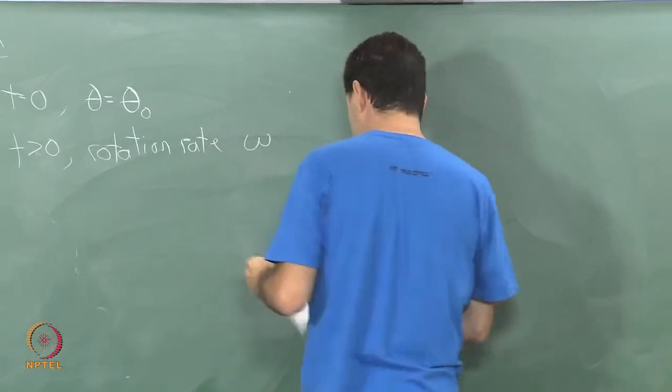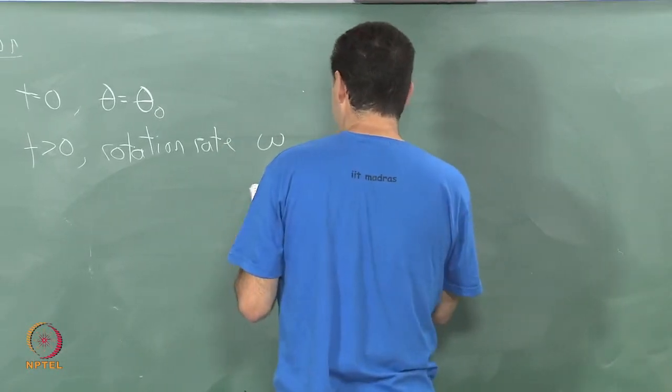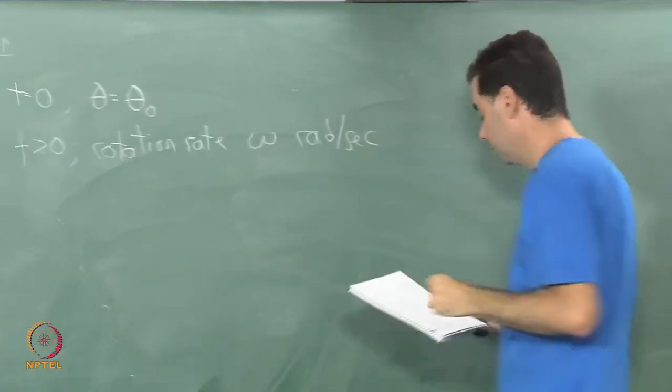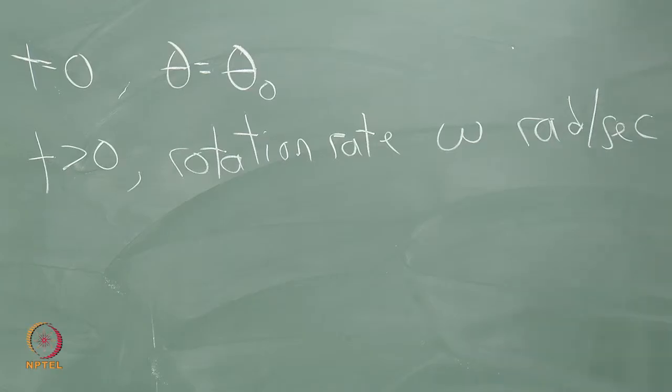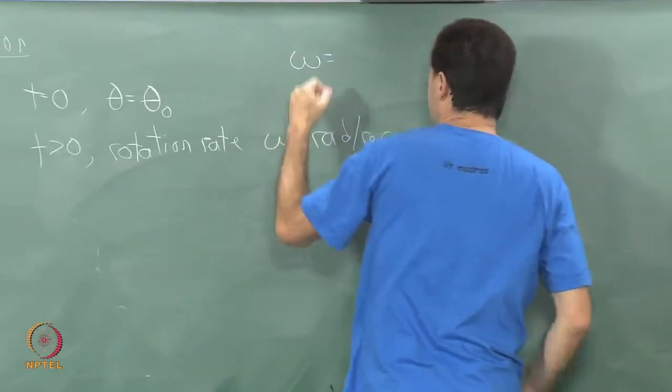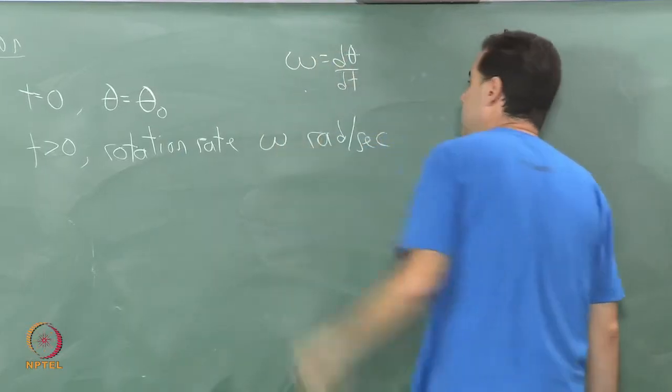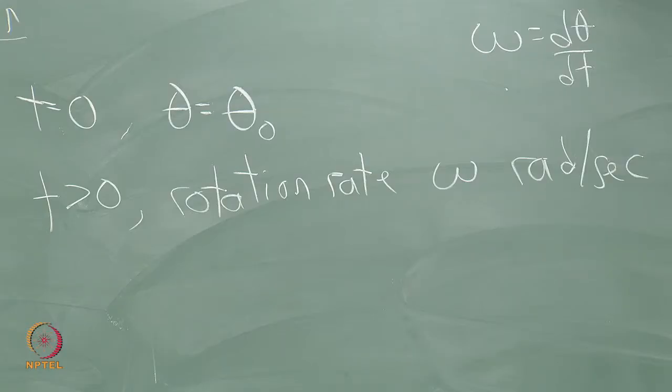So rotation rate is omega radians per second. So omega using calculus is just d theta dt. So just the angular velocity.